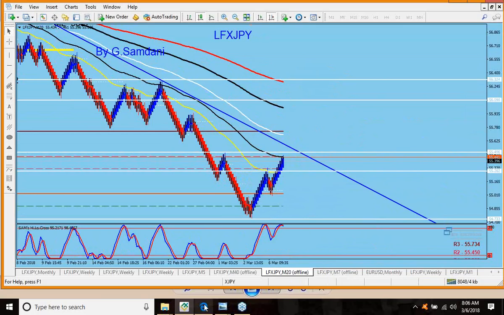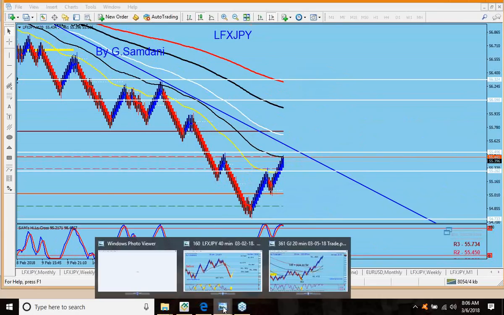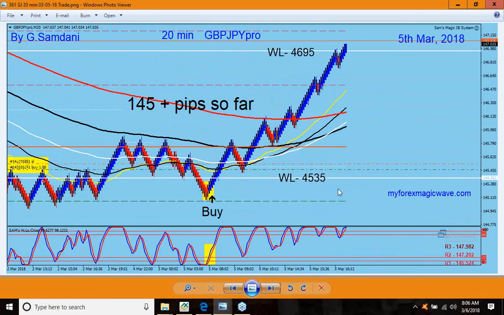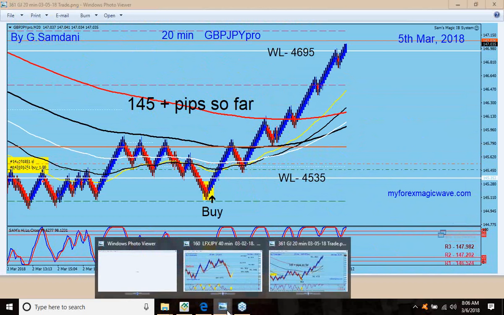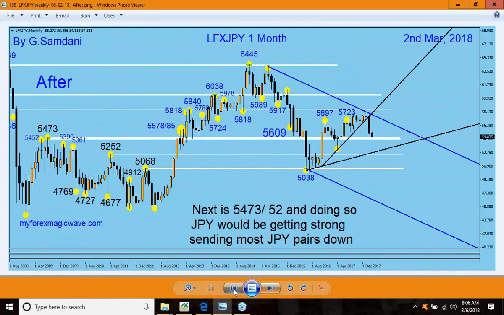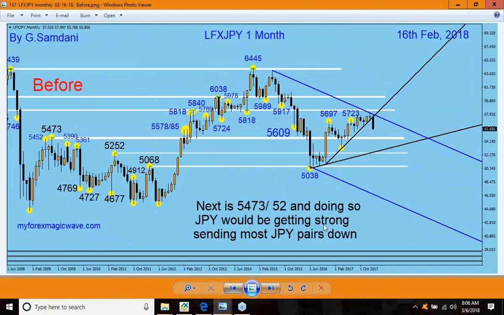So that's what the reason is, and not only that, I didn't do it only on pound yen, I based it on the yen index. Remember when I said, let me show you this chart here, and then you will see what is written here. Dropping and doing so, yen would be getting strong, sending most yen pairs down. This is what happened.